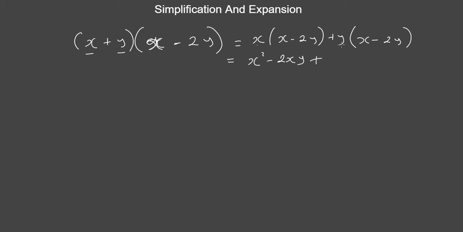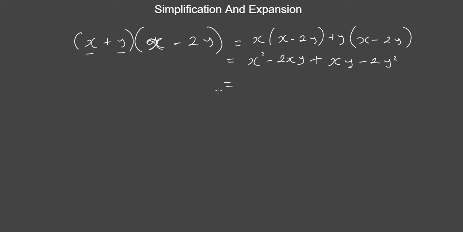Then you have y times x, that gives you xy. Typically, we write them in alphabetical order, although it doesn't matter, you can say yx or xy. Then y times minus 2y will give you minus 2y squared, that's y raised to the power of 2.